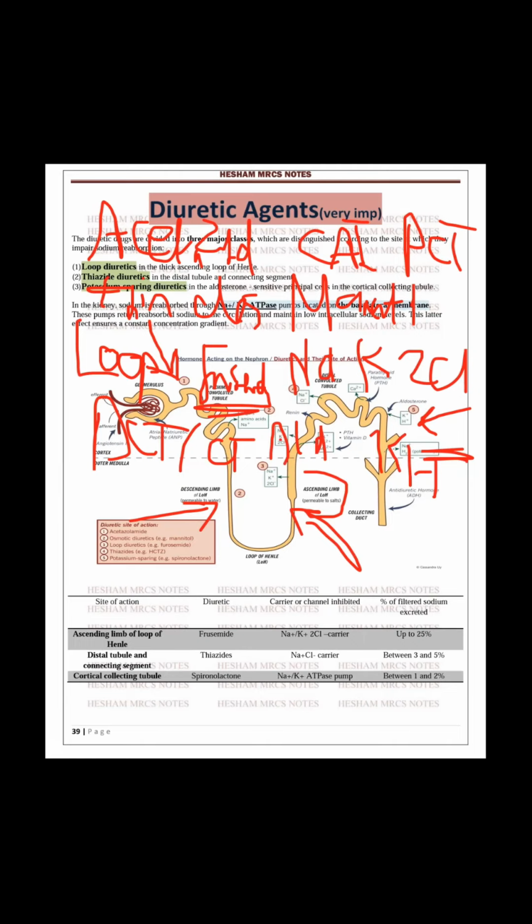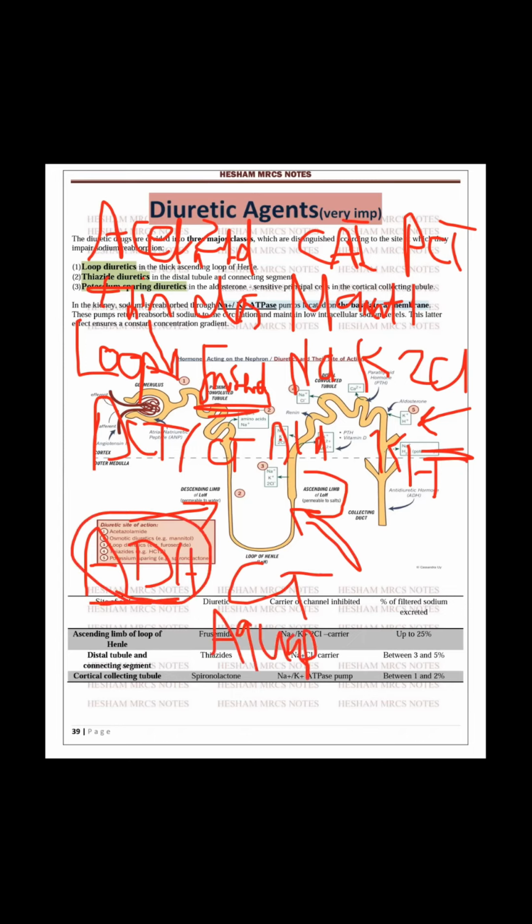Then you have the last one, which is ADH. ADH will act on the collecting tubule by insertion of what are called aquaporin 2 channels. What is this ADH, by the way? It is antidiuretic hormone, or vasopressin, which is released from the hypothalamus through the pituitary stalk, the hypothalamic-hypophyseal junction, in order to be stored within the posterior pituitary.